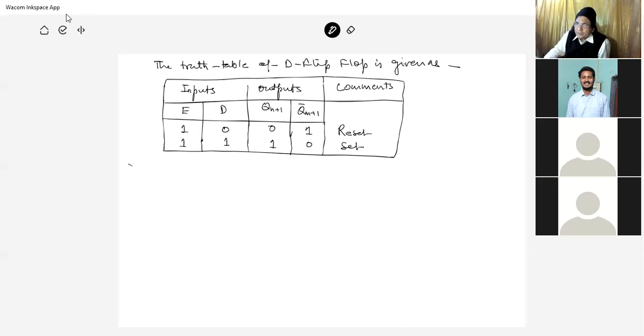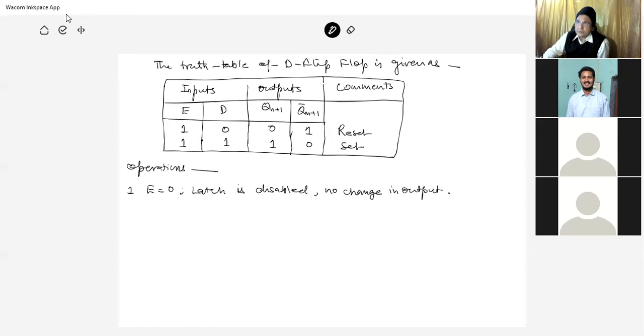The operations of this are as follows. First, when clock E is 0, latch is disabled. Latch is disabled. That is, no change in output.